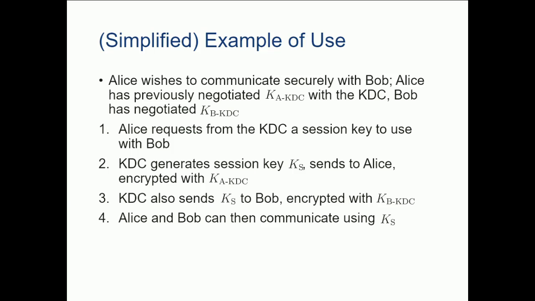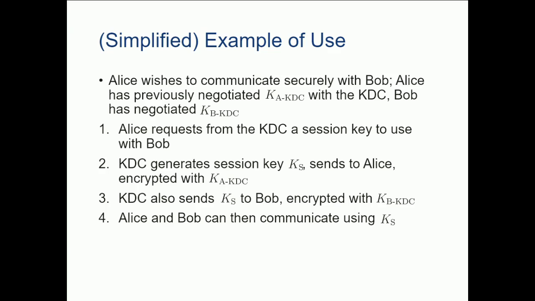However, Alice has a shared key, denoted KA/KDC, with the KDC, and Bob has negotiated a key KB/KDC with the KDC. If they want to authenticate each other, they can ask for help from the KDC. Alice can send a request to the KDC, asking it to give her a session key so that she can authenticate with Bob.